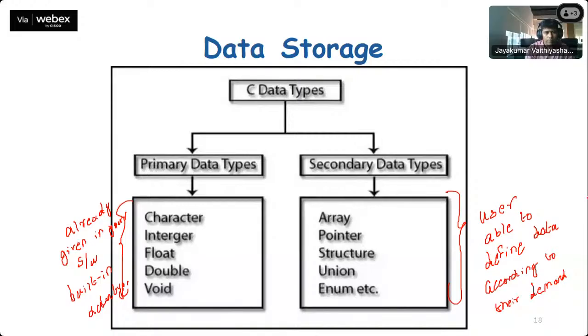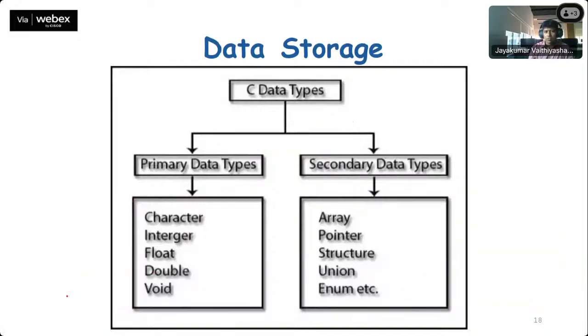Already the predefined data types are there. You can use all these predefined data types, and we are able to create new data types out of them. So that is why sometimes it is called derived data. We are able to derive a secondary data type from primary data.